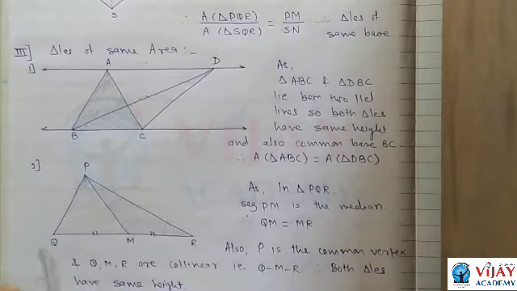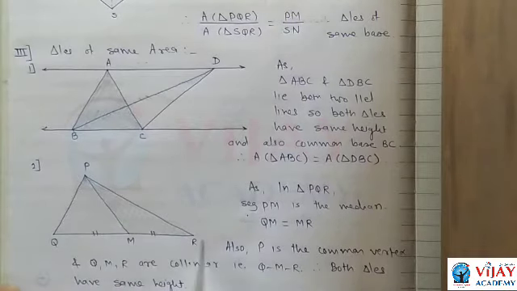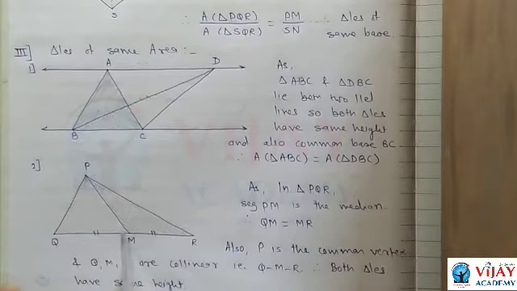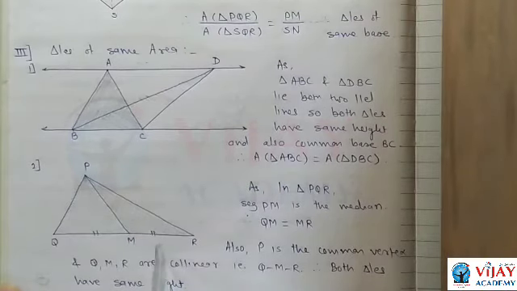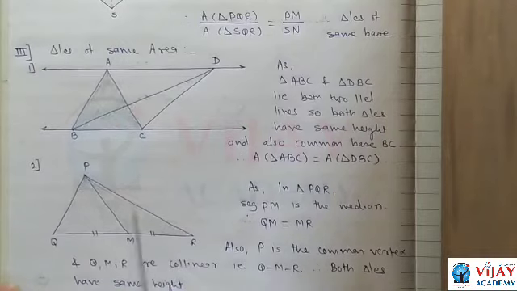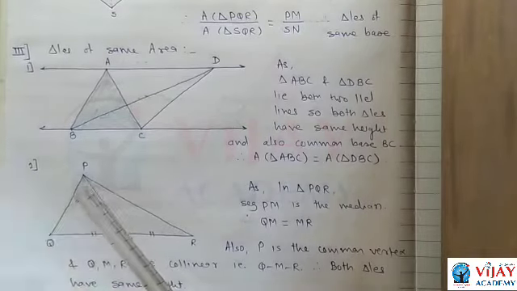And the corresponding bases QM and MR are also equal. So the area of triangle PQM must be equal to the area of triangle PMR, because the height is the same and the base is also the same. And this is the third case.